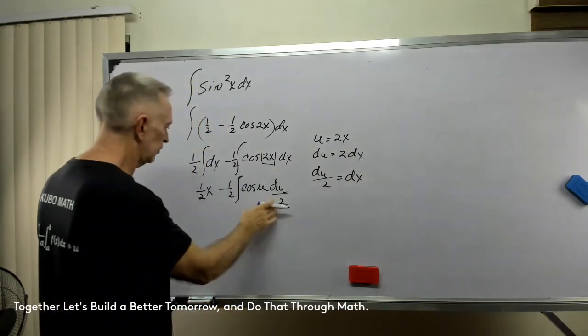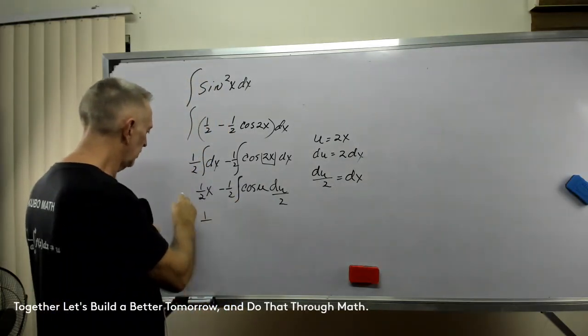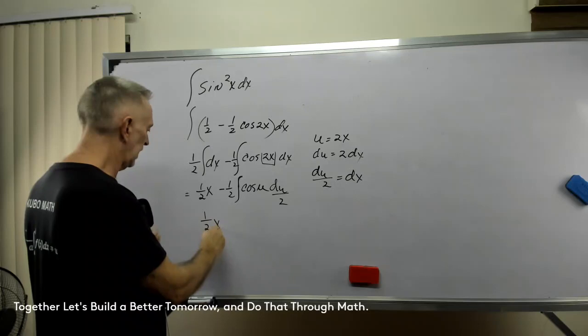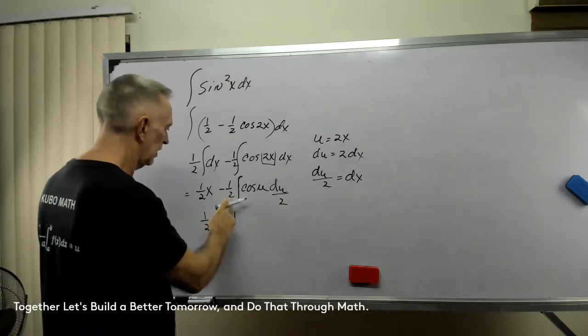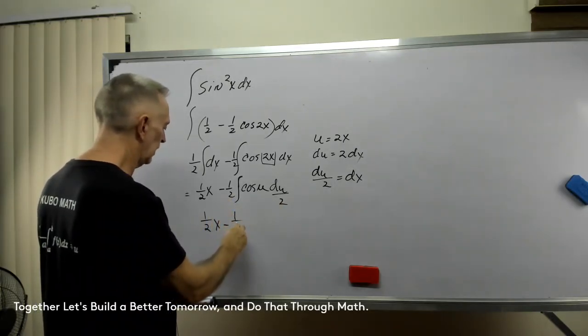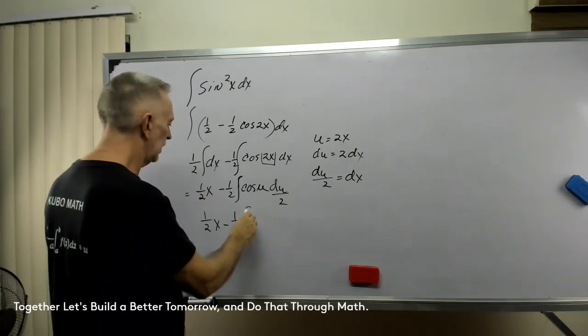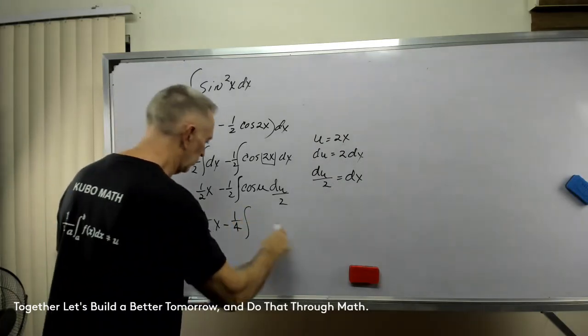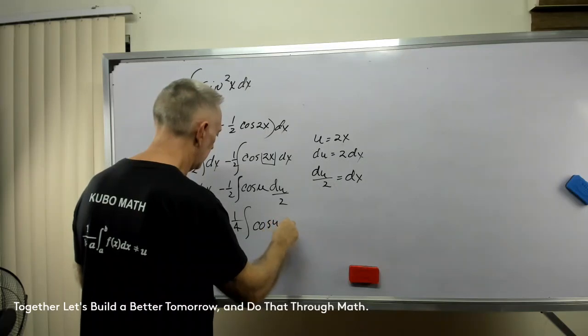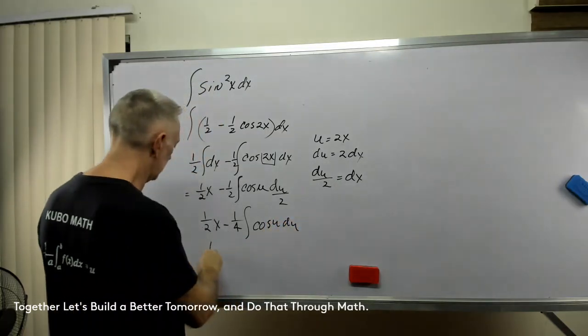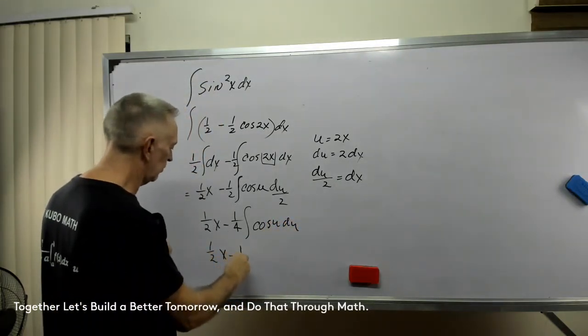Now I have this 1/2 here, so let's rewrite this: 1/2 x minus 1/2 times 1/2, which is 1/4, the integral of cosine u du, and that equals 1/2 x minus 1/4.